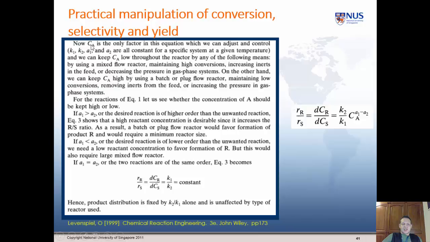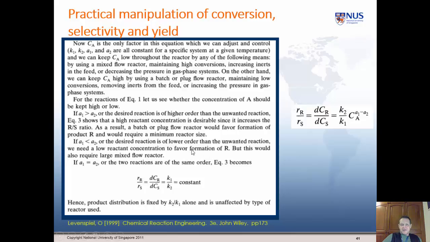Now, the only variable in this rate equation is the concentration of A. These are constants, and the orders are constants as well. So effectively, the reaction which is of the higher order is the one which will be favoured by the concentration level of the reactant.